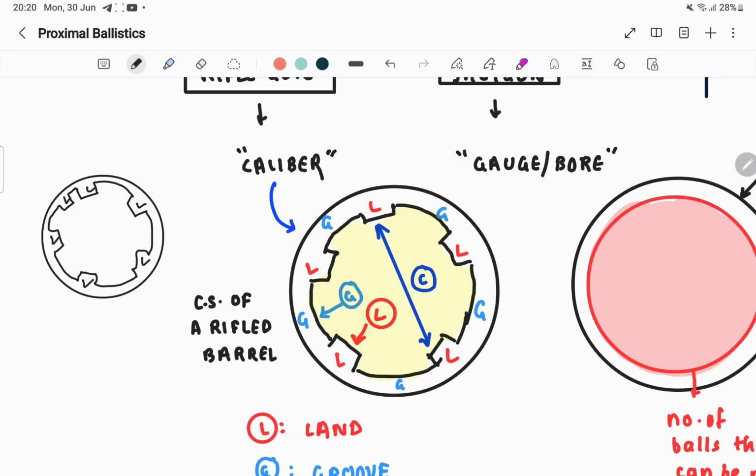You must have heard about pahad pani. So land is basically pahad, the land area, right? So protruded area is land, and this less protruded area is groove.